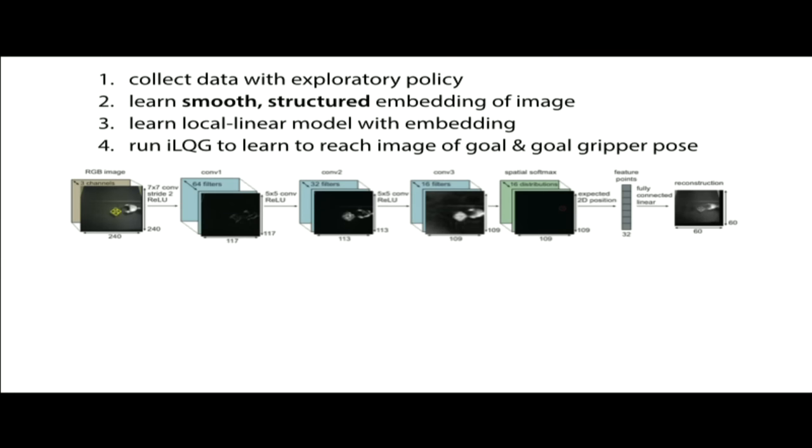The bottleneck in this case is much more high dimensional than the previous case. Before, the bottleneck was two-dimensional. In this case, it's OK to have a higher dimensional system because we'll be using a model-based method. But the bottleneck here is encoding some structure in the image: it's going to try and pull out features, 2D feature points in the image, basically 2D coordinates of objects in the image.